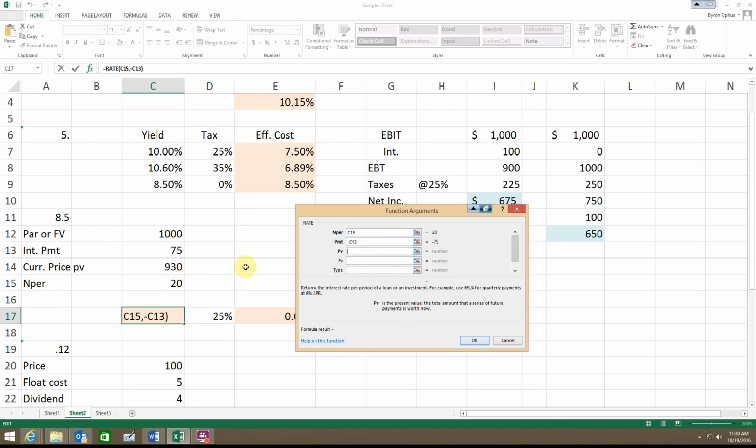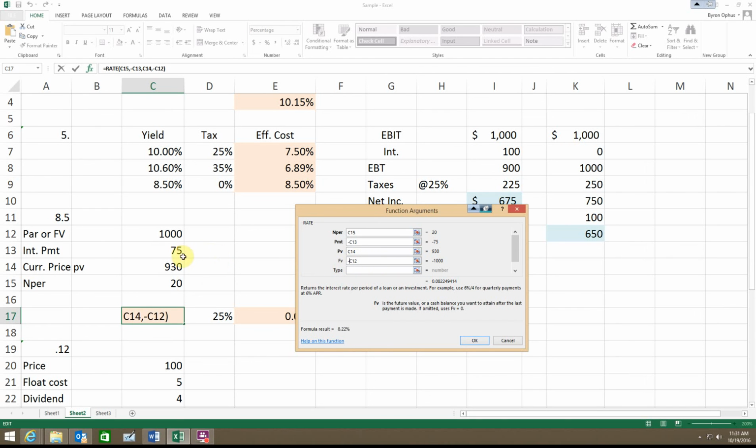The present value would be a positive. This is kind of backwards from how I'd normally do it. And the future value is that $1,000. Yeah, it is a minus $1,000. There we go. Sorry, I had to put the minus $1,000.